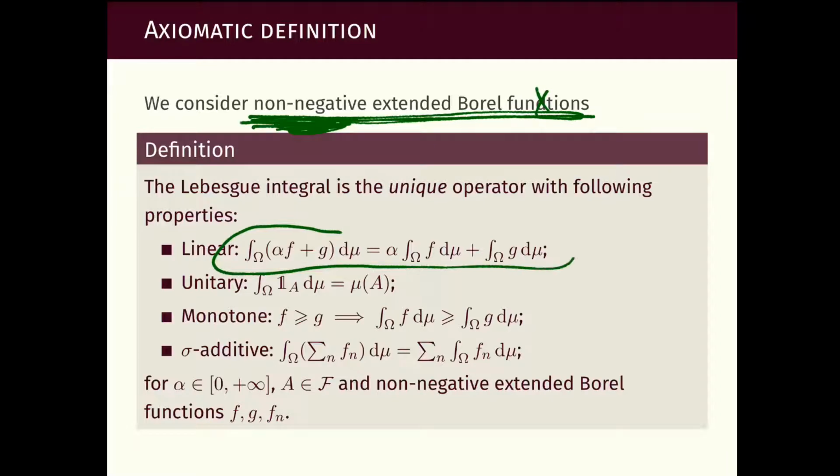If we can integrate one function and we can integrate another function, then when we combine them, we can multiply them by constants, and we can also add functions. When we combine these functions in this linear way, then this linearity is respected by the integral.